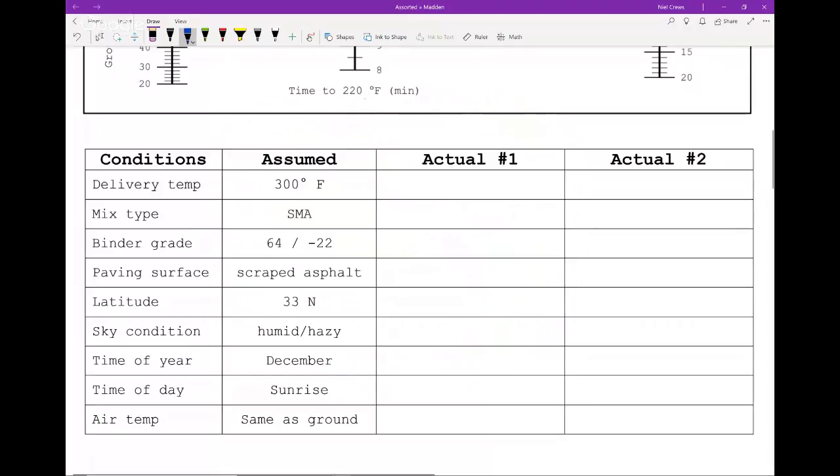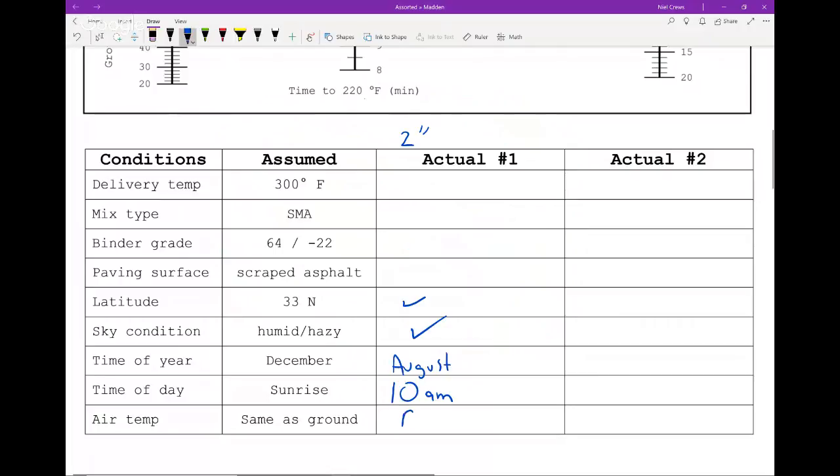In the first example, we are laying down a 2-inch lift at 10 a.m. on a cloudless August morning here in Louisiana. The ground temperature is 90 degrees and the air temperature is only a little warmer, let's say 95 degrees.